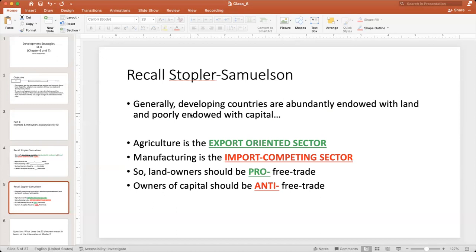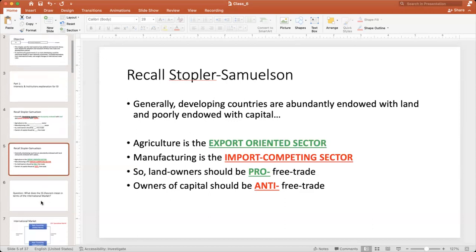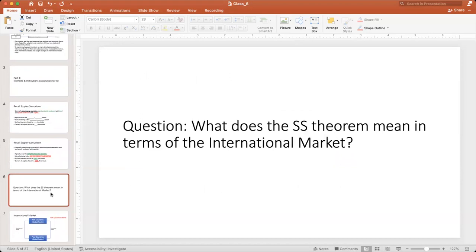And because of that, the position of the landowners should be pro-free trade, because landowners will be the agricultural producers, and the owners of capital should be anti-free trade because they will face higher levels of competition and they do not have the same levels of competitiveness. So that's why they will be against free trade.